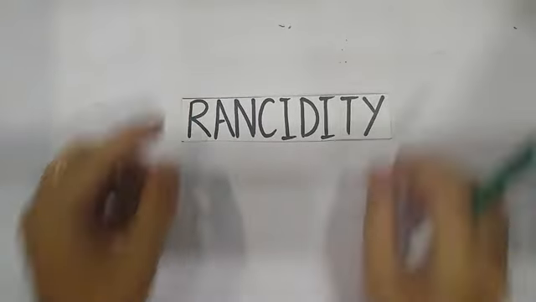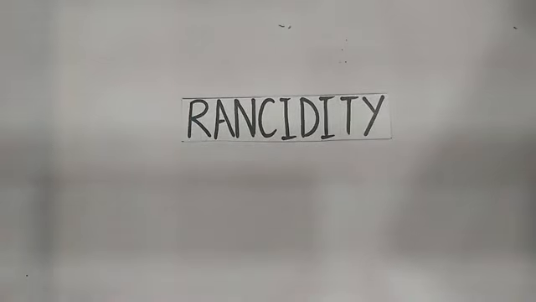Now another effect of oxidation is rancidity. What exactly is rancidity? It is the oxidation of fats that is caused by hydration. By hydration, I mean water. So what is happening in this process? It is oxidizing the fats and oils when they are exposed to air.